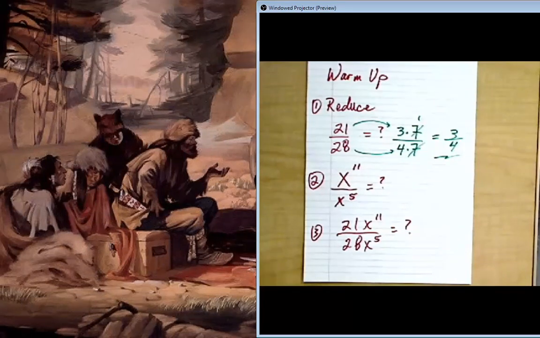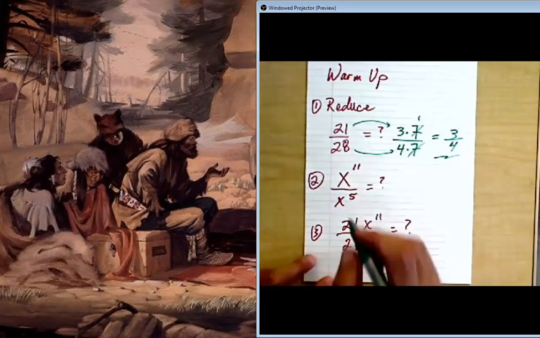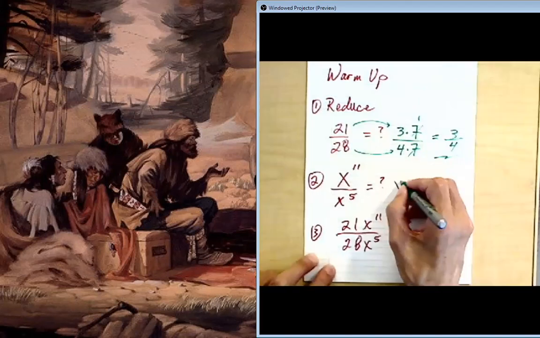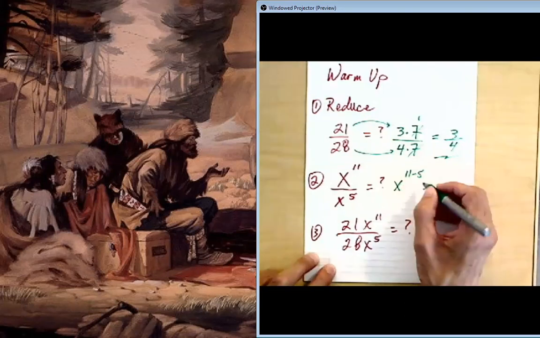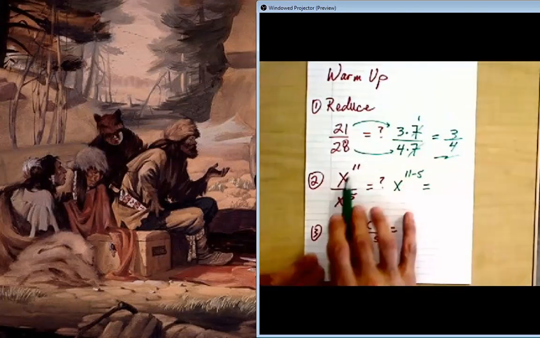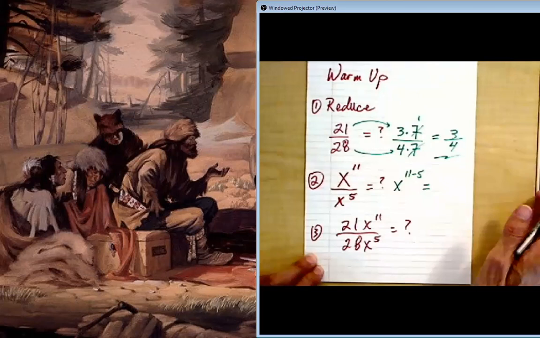The second one here. What do we do there? 11 minus 5 is 6, and 8 is power of 6. Why is this minus? Because it is actually. Okay. What happens here? You got 11 X's all the way across.